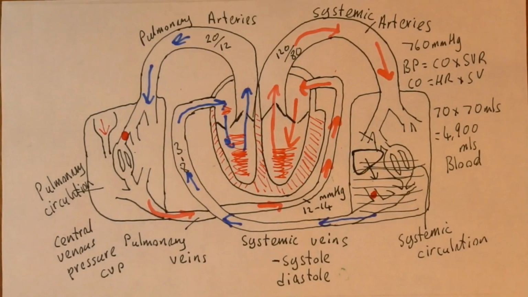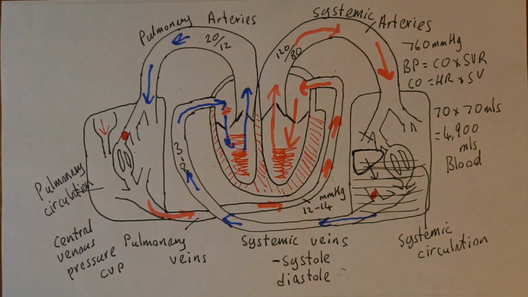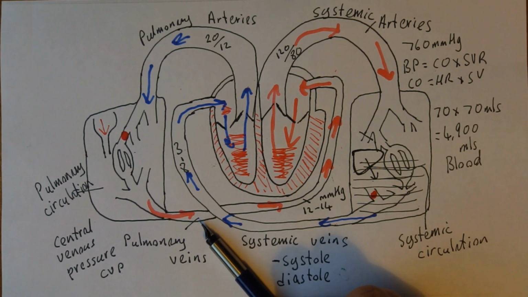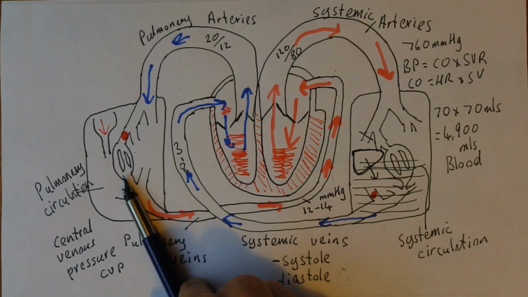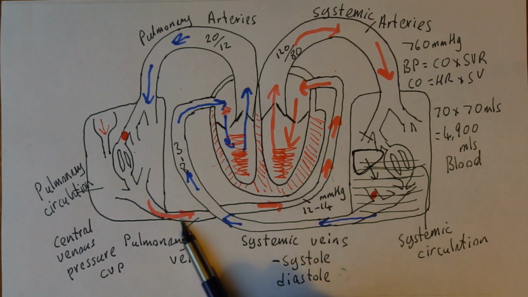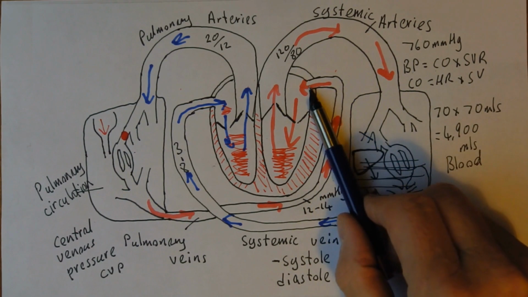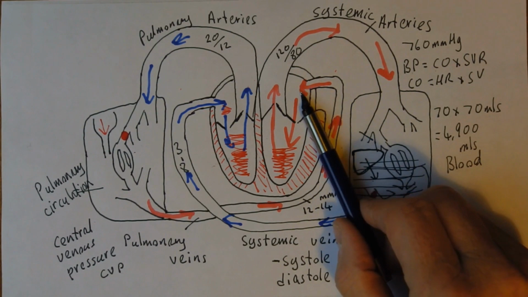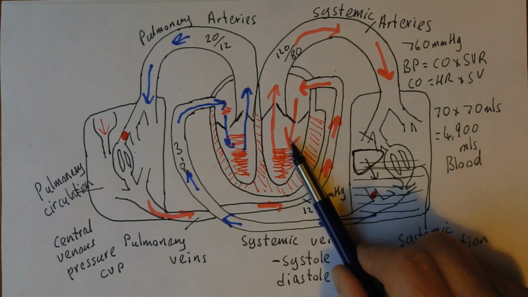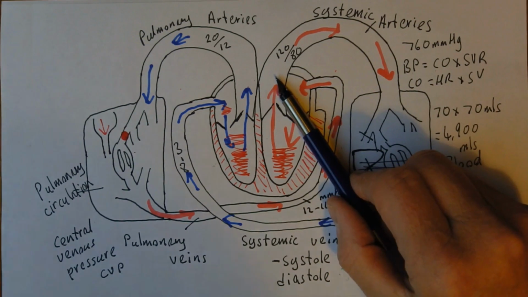Now, for the last section in this mini-series, we want to look at the pulmonary veins. What will cause an increase in pressure in the pulmonary veins? Well, the blood is draining from the lungs, from the pulmonary circulation, back through these pulmonary veins. Four pulmonary veins actually enter the left atrium. The blood from the left atrium goes through to the left ventricle and then out to the aorta.